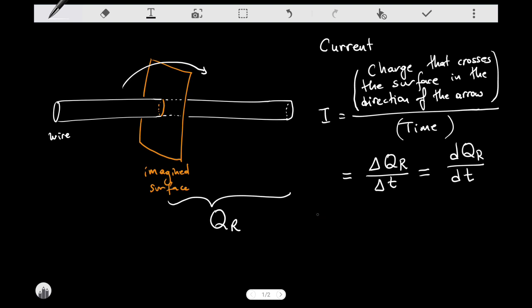So let's talk about the units quickly. In SI, the unit of current is coulombs per second. We just call it the ampere and show it with the capital A symbol.